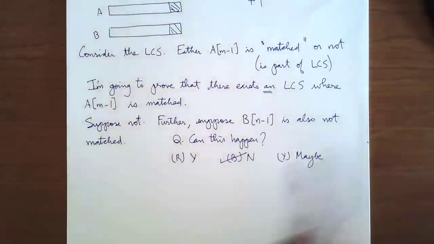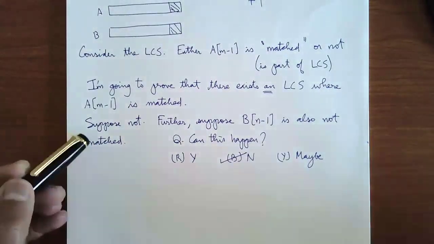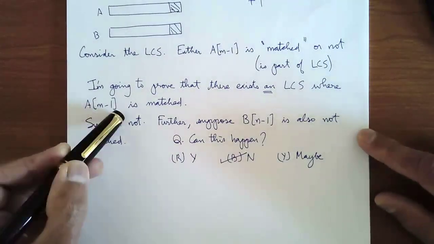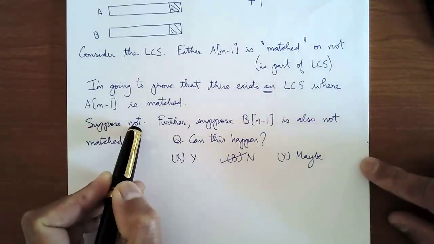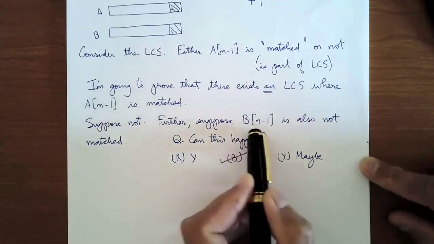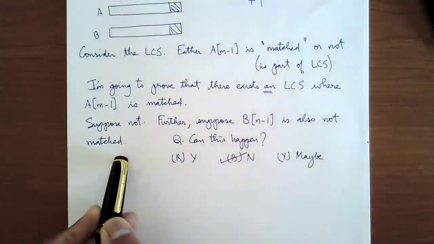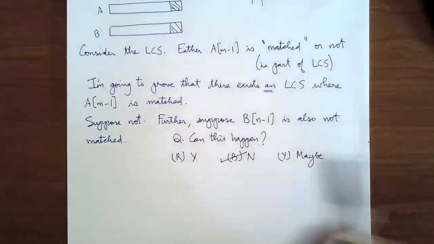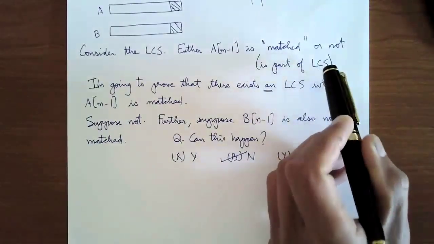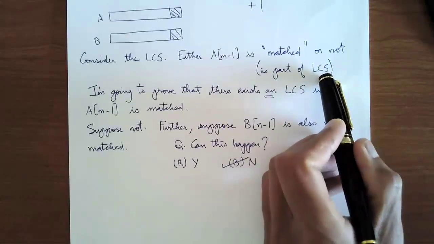Or does anyone want a reason why it is that this cannot happen? Why is it that if A m minus 1 is not matched and B n minus 1 is not matched, this situation cannot happen? Remember, it's an LCS. It's a longest common subsequence.